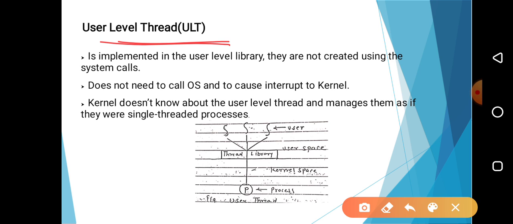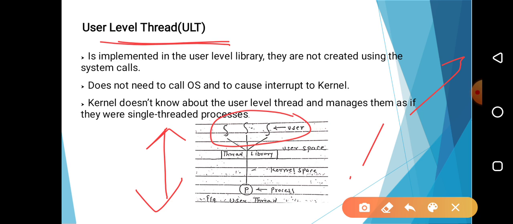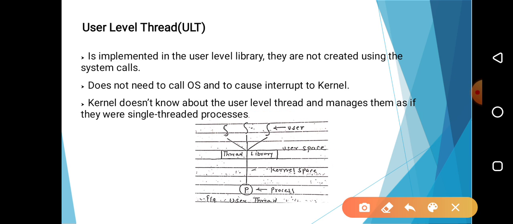The threads which are created by the user, as shown in this diagram, the threads which are created at the user space are called user level threads. Students, you can easily see these threads are created in the user space. There are two spaces, user space and kernel space. But the threads created in the user space are called user level threads.